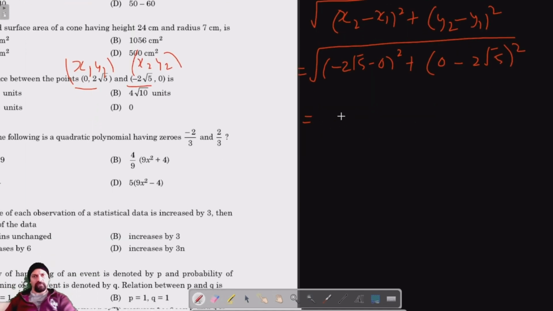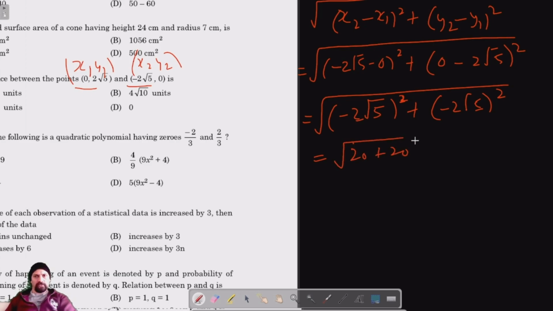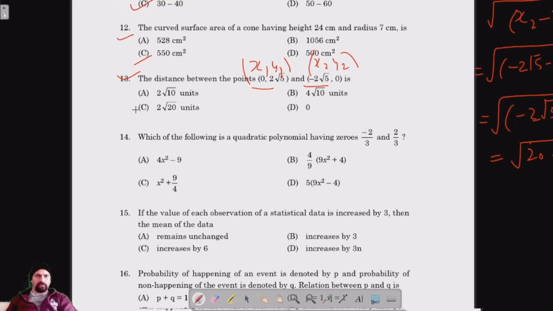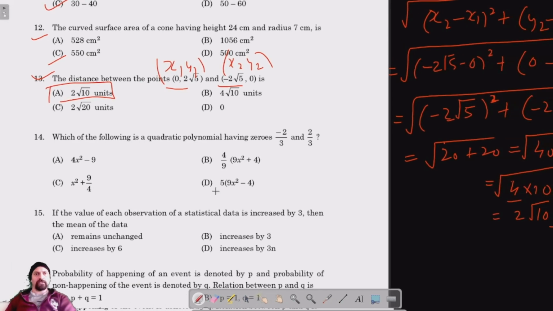So this is minus 2 root 5 the whole square plus minus 2 root 5 the whole square. Okay, so this is 20 and 20, which is under root 40, and under root 40 is 4 into 10. Root of 4 is 2, so this is 2 root 10 units, option A.